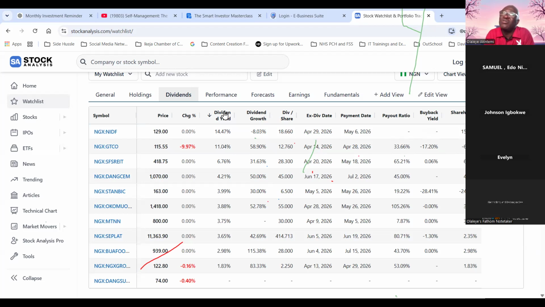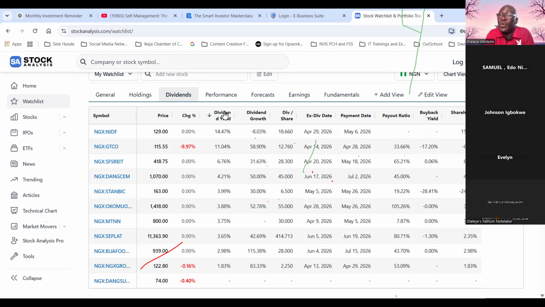But if a stock is giving you 1%, 1.5, 1.8, it's not the best. But the more stocks you buy, you will have some stocks that pay you less than 3% dividend yield.